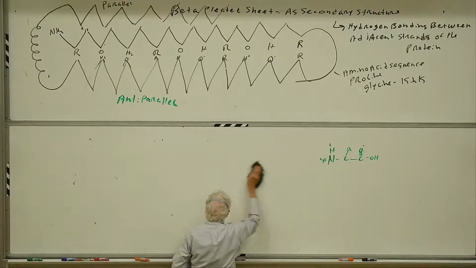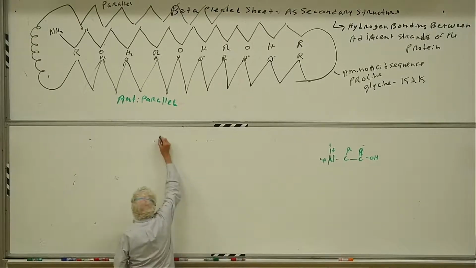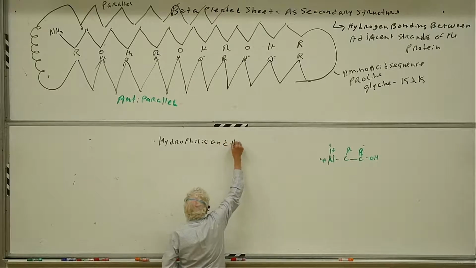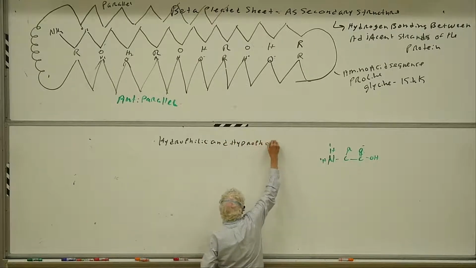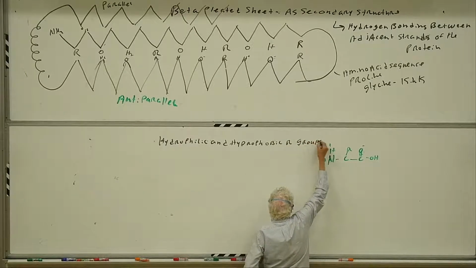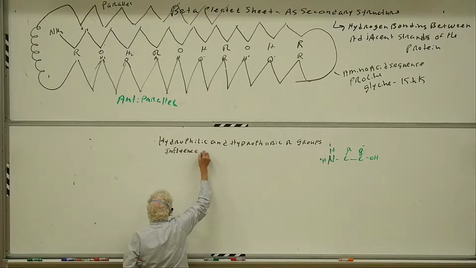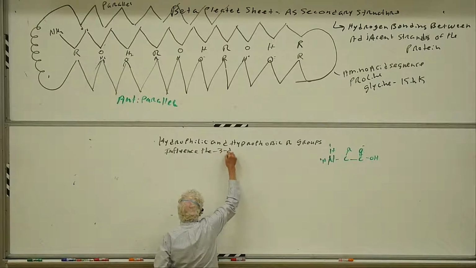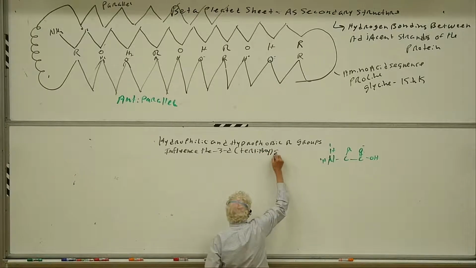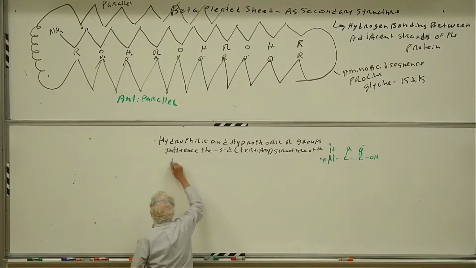So what I want to do here is say that hydrophilic and hydrophobic R groups, I won't say determine, I'll just say influence, the 3D, which you can read as tertiary structure, of the protein.